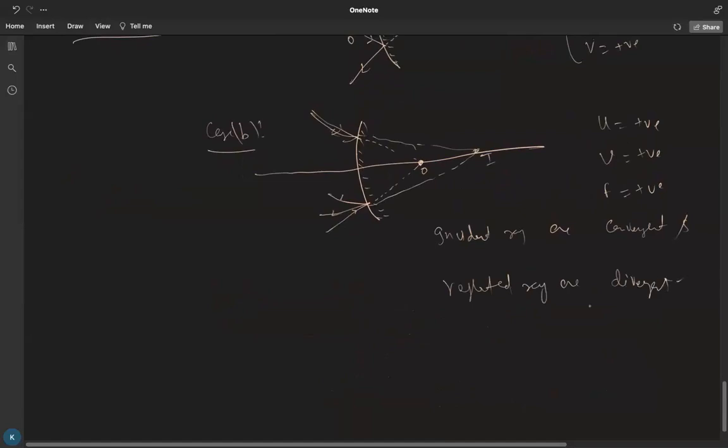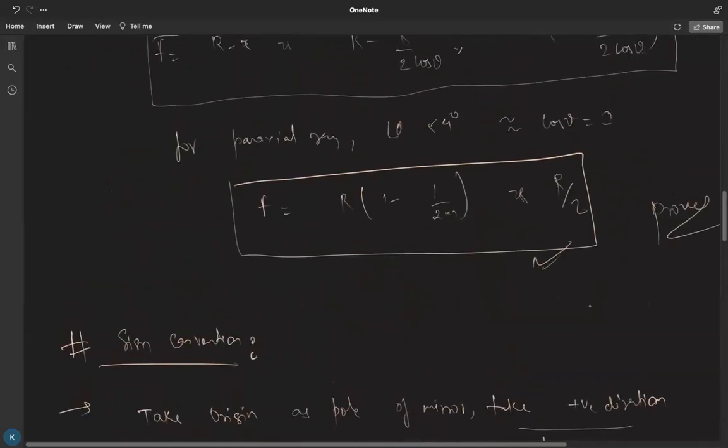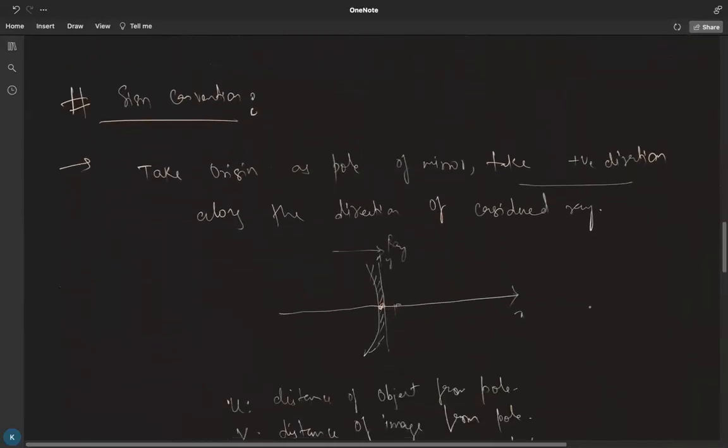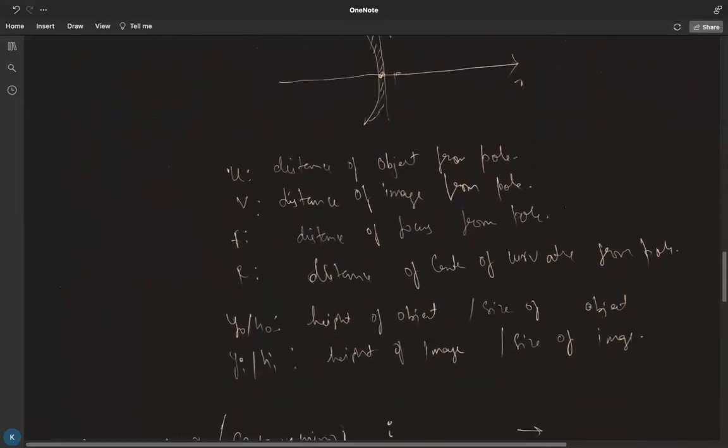So let me quickly summarize the sign conventions, right? Look here. First, some terms are defined here, like u, v. First I'm going to tell you f, R, which you will know from the previous class. But some more terms get added here, of which the first new term is u. So what is u actually? u is the distance of the object from the pole.